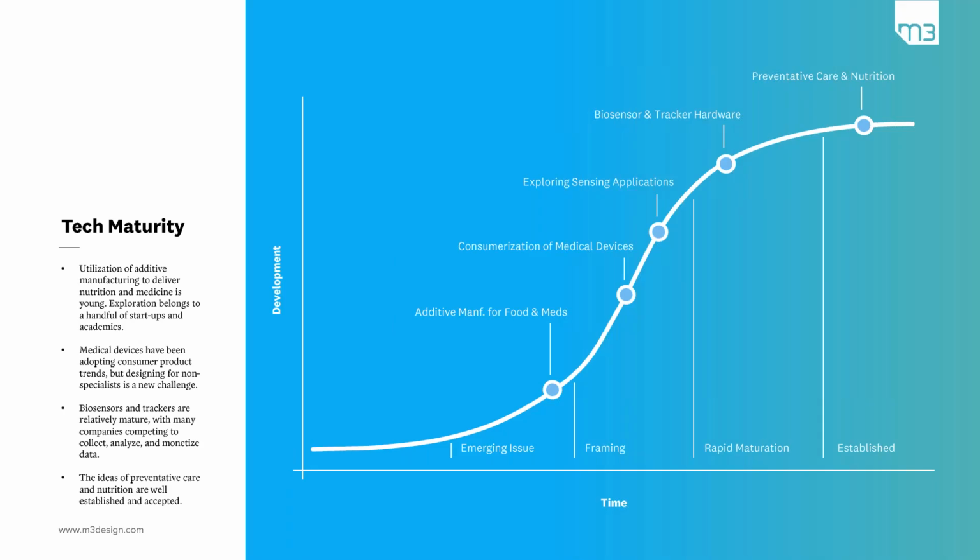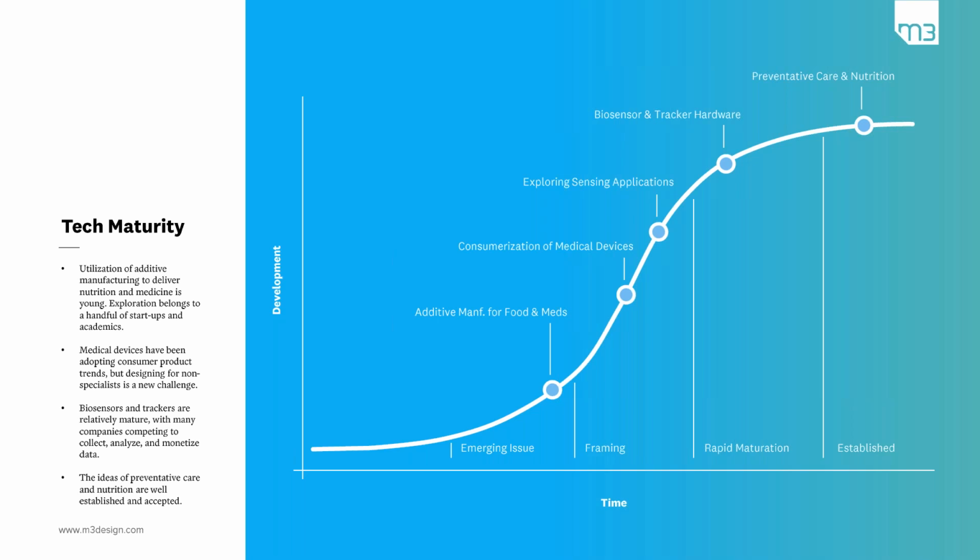All right, so to summarize, additive manufacturing for food and medication is very, very early. There's only a very small handful of companies and academic institutions that are starting to look into that.